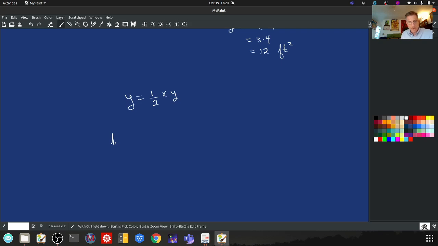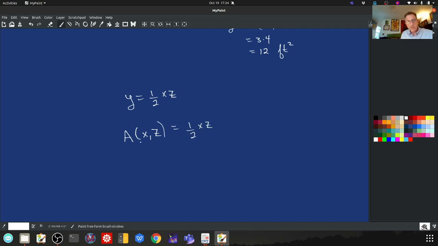And since our function is going to be in terms of area, we'd say area, and I wrote down the formula wrong. Did anyone see what I did? That should be z. We'd say our area is a function of my x value and my z value, and it's equal to 1/2 times x times z.